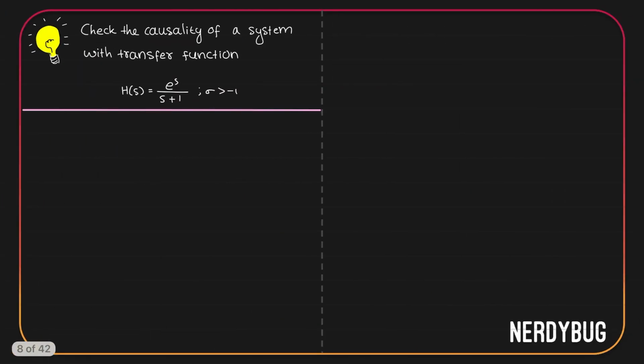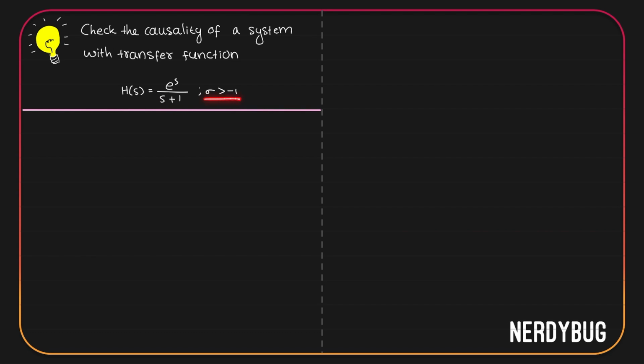Let us take another example. We have to check the causality of a system whose transfer function is e raised to s by s plus 1, sigma greater than minus 1. Here the transfer function is directly given. The transfer function obviously only has one pole and it is at s equal to minus 1. And sigma is greater than minus 1.